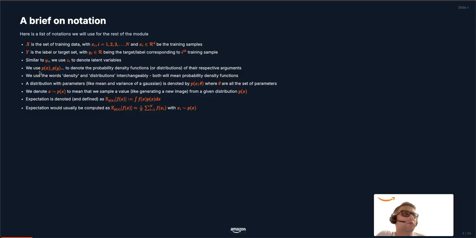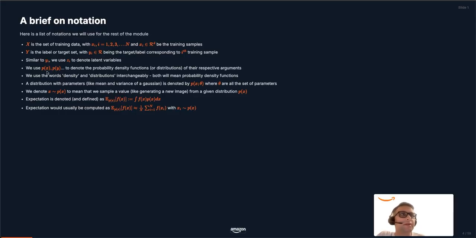Then we use the notation p of x or p of y to denote the probability density functions or distributions. And compared to your undergrad or the notation which is used in standard books at undergrad level, we are not going to write different p_x of x or p_y of y to denote these densities or distributions to distinguish between them.